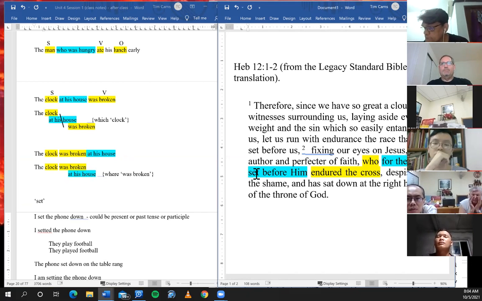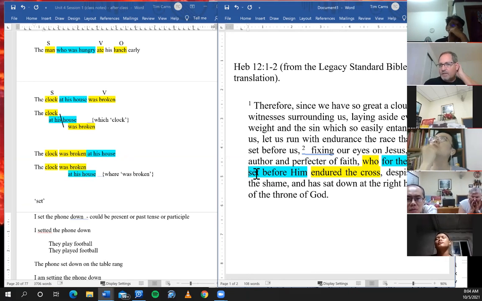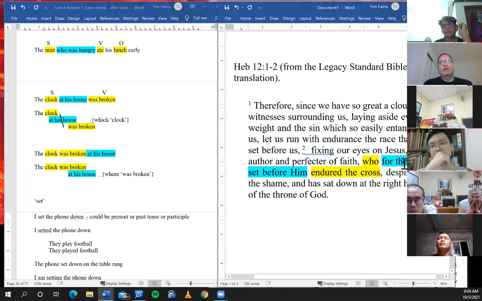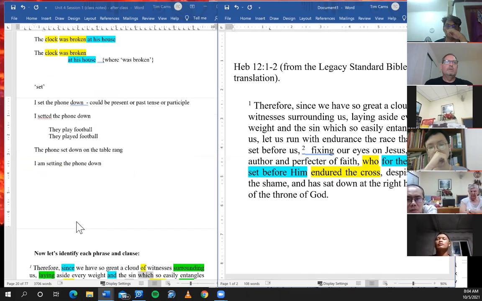So again, sometimes you may catch this as you're going through the diagram and you're asking yourself with each phrase or clause what it's doing. Because notice here, when you say for the joy set before him, it might look like joy is the subject.